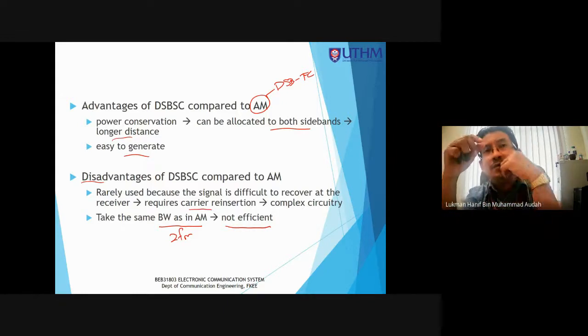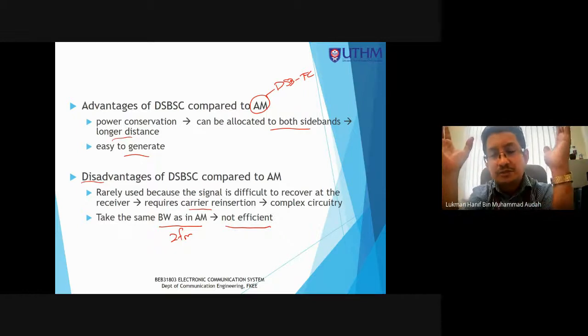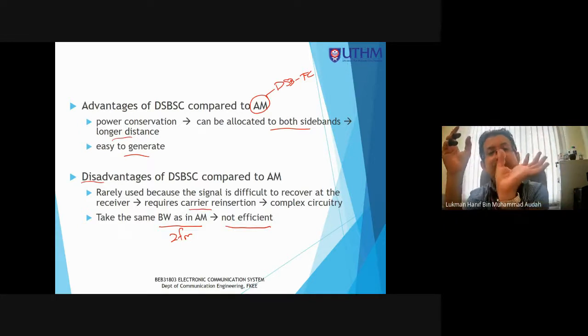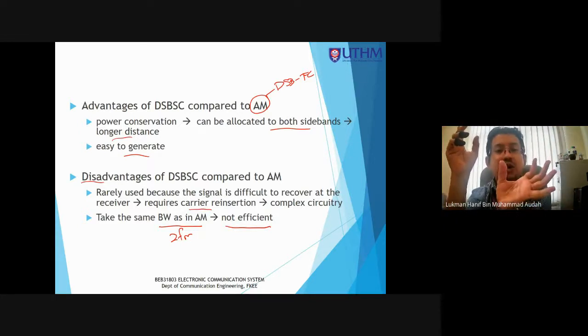Contoh kalau kita punya mobile cellular macam Maxis, Celcom, Digi dan sebagainya, they have a very small amount of bandwidth to accommodate millions of users. So that means bandwidth is very strict.